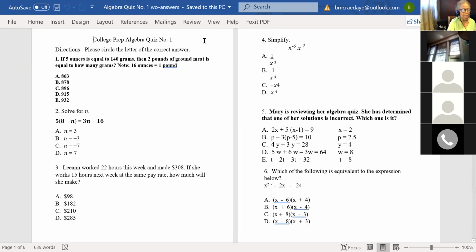Yannick, I sent it to you, right? You have the hard copy? I have the number 20 and 21. You don't have the college prep algebra quiz? I sent you that in the mail. I think so. I read that. Yes, college prep algebra quiz. I have the quiz. That's what I want you to start doing now. Chastity, you had a question?